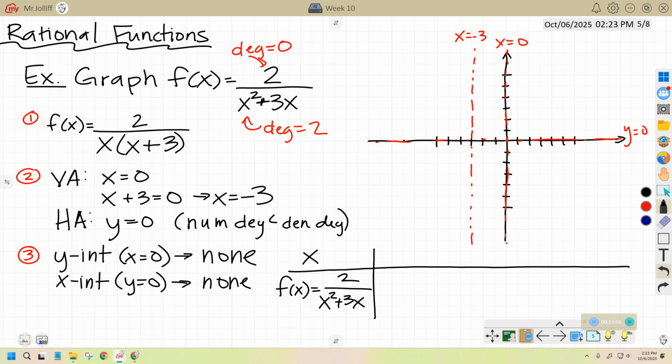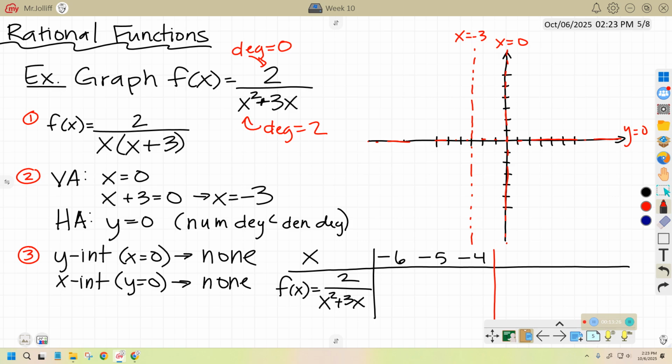To the left of -3, I'm going to do 3 points just to get a feel for what's going on there. So my instinct is -6, -5, -4. And that'll bring me up to my first vertical asymptote. I picked them because they're less than -3. I want points in the leftmost section of my graph.